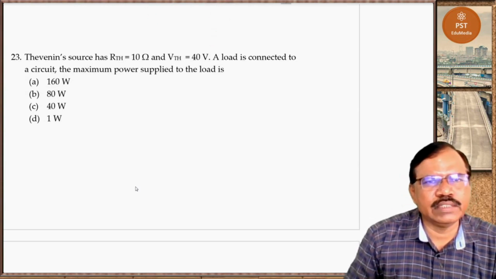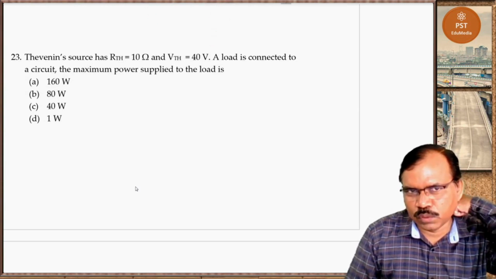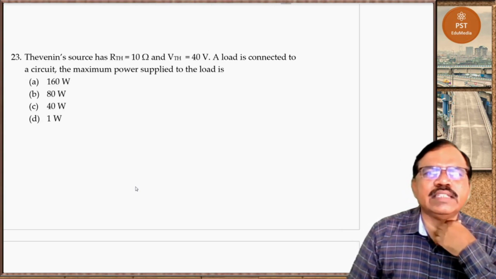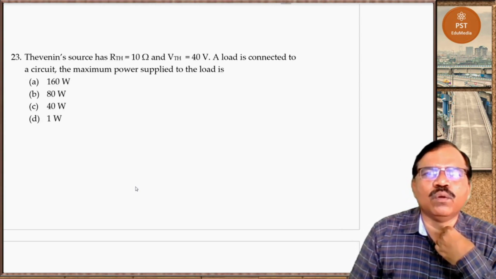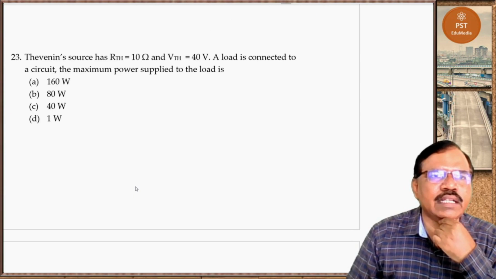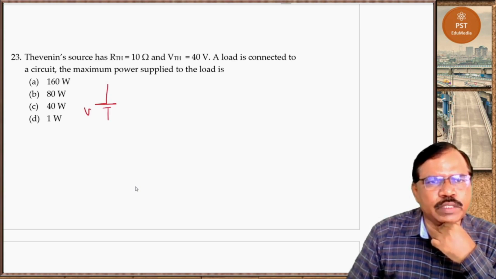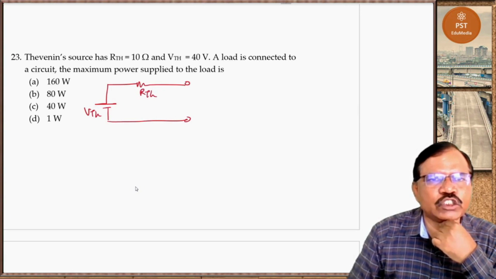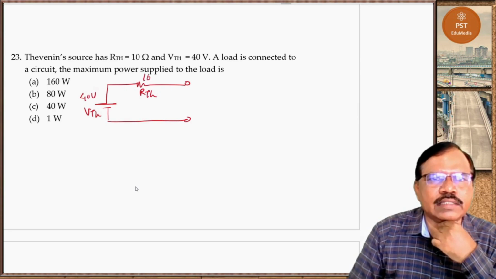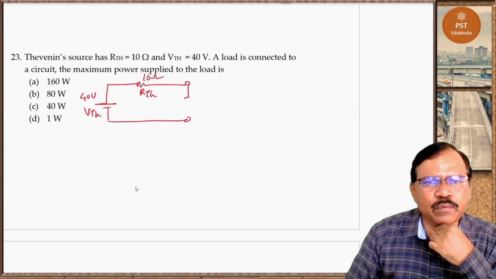Now Thevenin source has RTH is equal to 10 ohm and VTH is equal to 40 volt. A load is connected to a circuit, the maximum power supplied to the load is. So here this is VTH, RTH. VTH is 40 volt, RTH is 10 ohm, and we connect here load resistance RL.